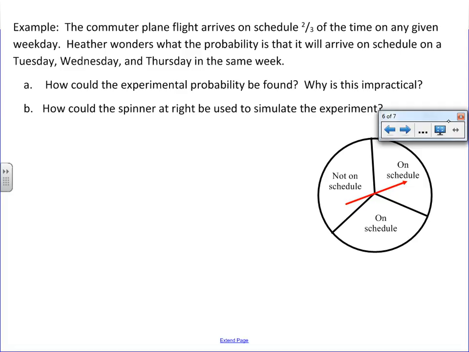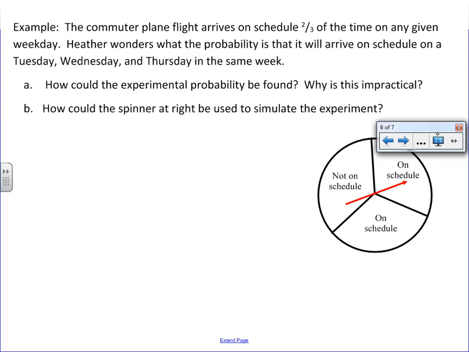More of the flights may be coming in on time in July than, say, December, when maybe we're in the middle of a blizzard or there's ice or whatever the heck's going on that planes can't fly through. So that's why it's impractical, because it would take you too long to get enough data to be true.